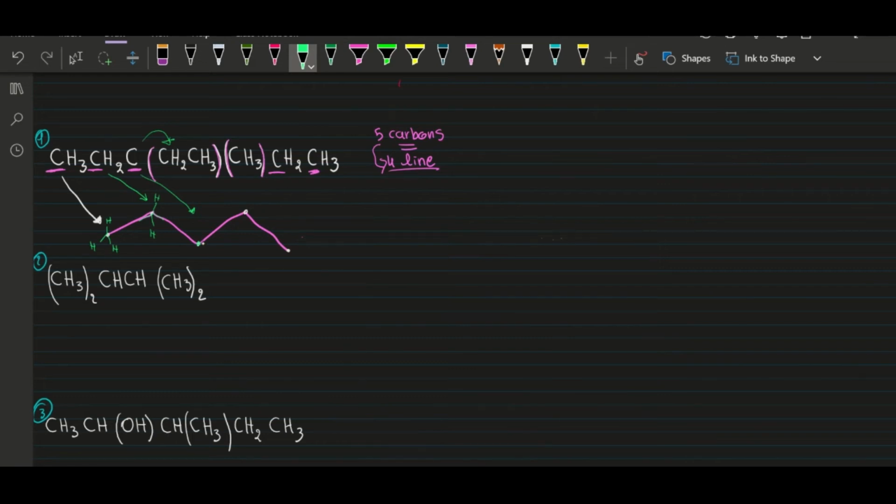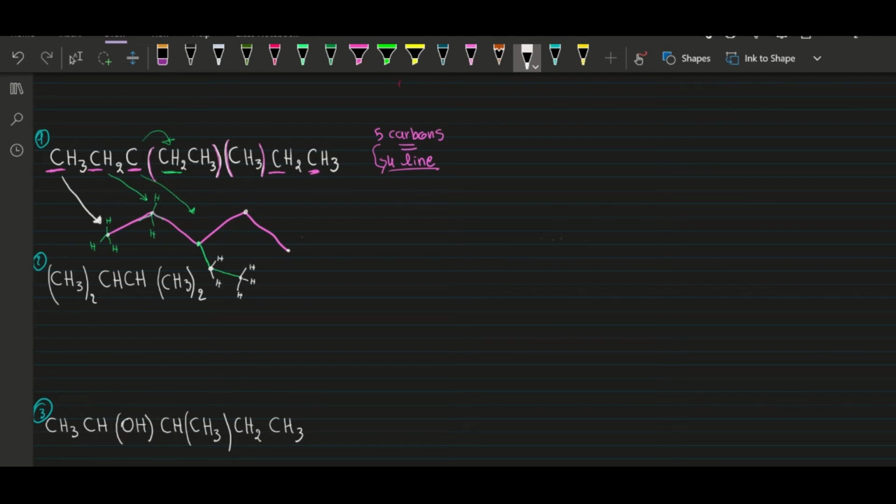Because it's only by itself. So the substituents, we're going to have CH2 and CH3. So that's going to be like this. This is going to be CH2, right? Right here, this carbon. And this is going to be your CH3. Just for you to see what I'm talking about.